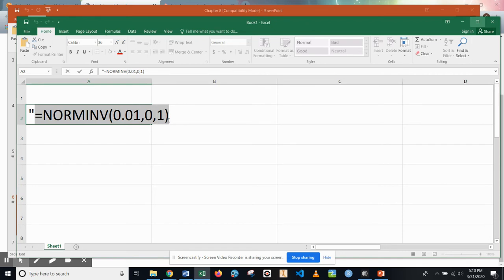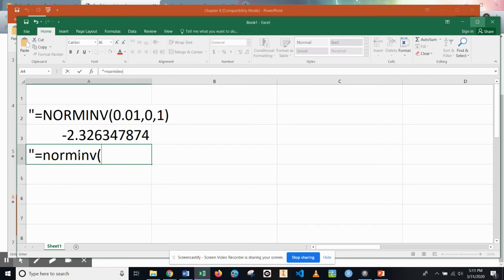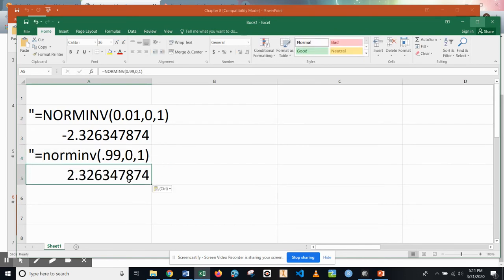The z-score should be negative because I'm below the mean. Or I could use 99%, the percent left of the 1% at the top, and I get the exact same value, except it's positive. That tells me the z-score would be 2.33 for my confidence interval.